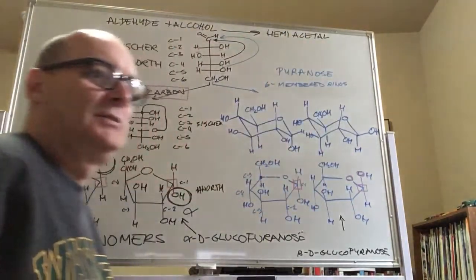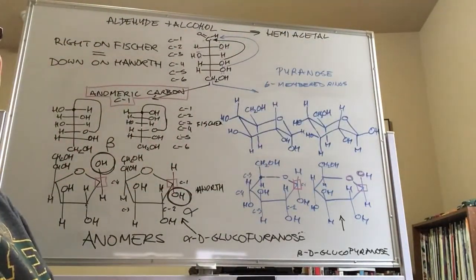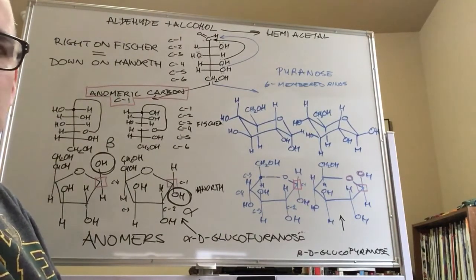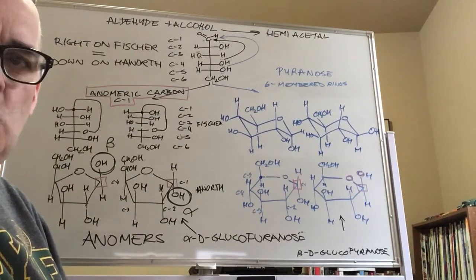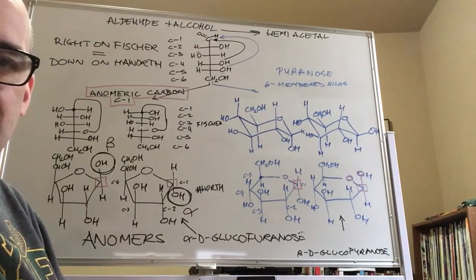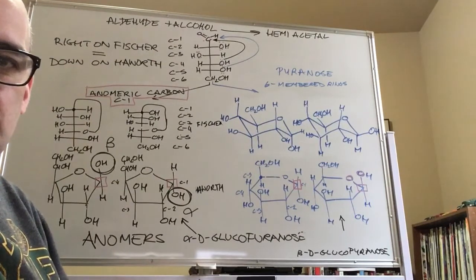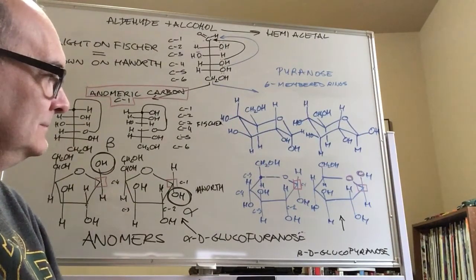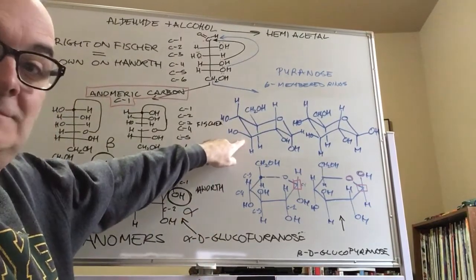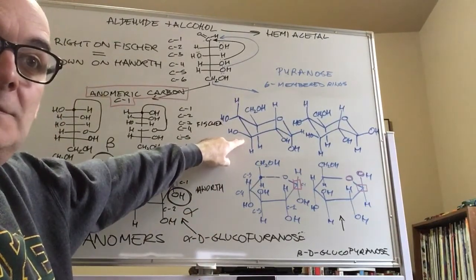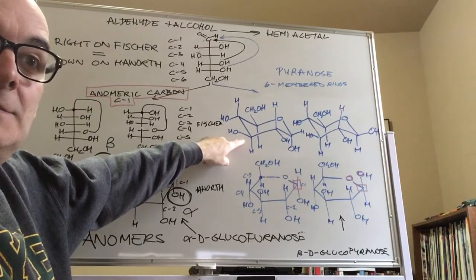Any guesses as to which of the cyclic structures that's on the board looks like a winner? The alpha-glucopyranose. That one. Yes.